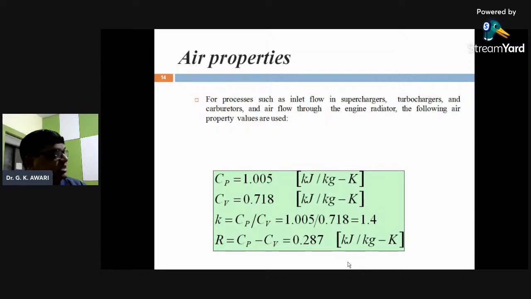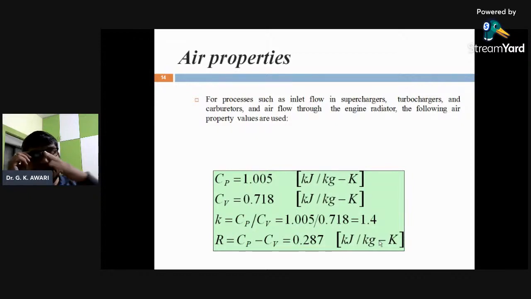Now, in the subject of IC engines, we use the superchargers, turbochargers and carburetors, and airflow through the engine radiator, because you are aware of the devices like a supercharger, turbocharger and carburetor.